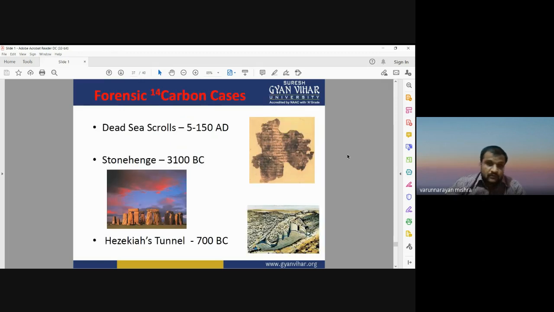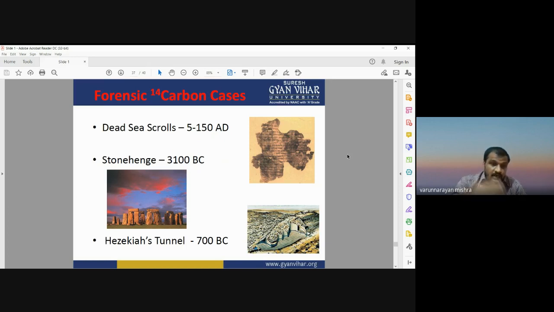Okay, so forensic carbon 14 cases. By analyzing the decay of the carbon 14, by analyzing the time taken by the carbon 14 to be converted into nitrogen 14, we come to know the age of different materials, different objects like the Dead Sea Scrolls, Stonehenge, and this tunnel.